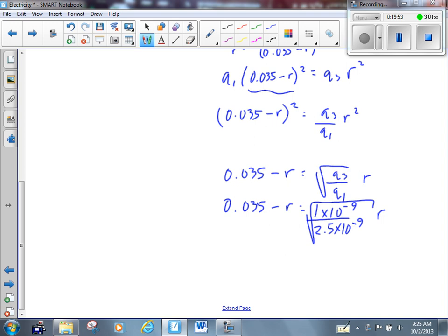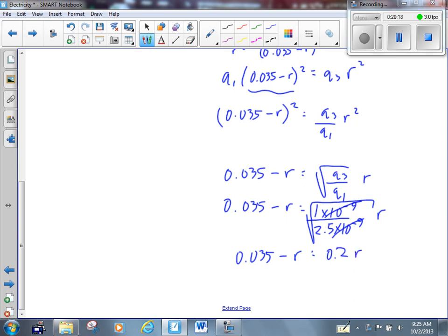Now, the 10 to the minus 9 actually cancels. So all we have to do here is say 1 over 2.5, take the square root of that. That's going to be 0.04. Square root of 0.04 would be 0.2. Is it 0.2? So 0.035 minus r equals 0.2 r.